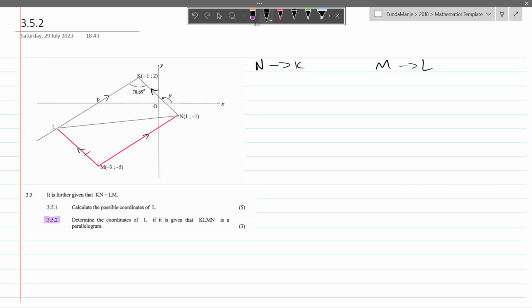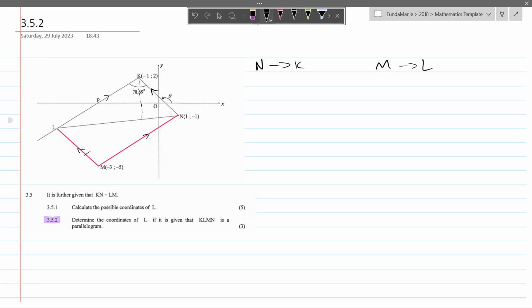So from N to K, we need to think about it in two ways. We need to think about how they move in X and how they move in Y. So how do we get from an X value of 1 to an X value of -1?